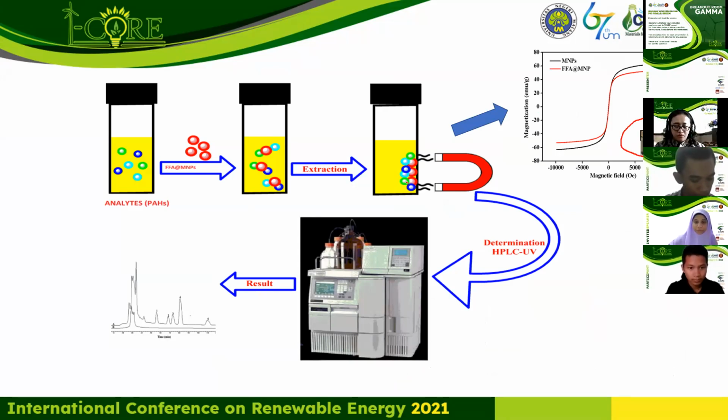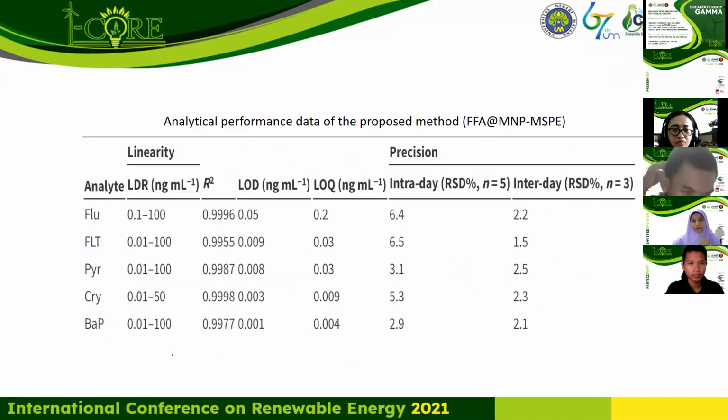At the end, we run the solution with HPLC and we get a very nice spectrum. We prove that through the analytical performance data. We do a lot of method validation to confirm that this method is suitable.